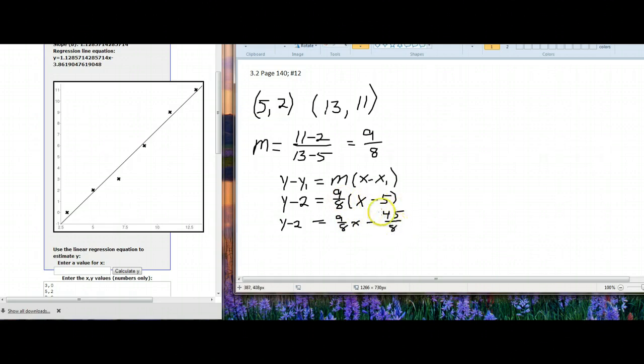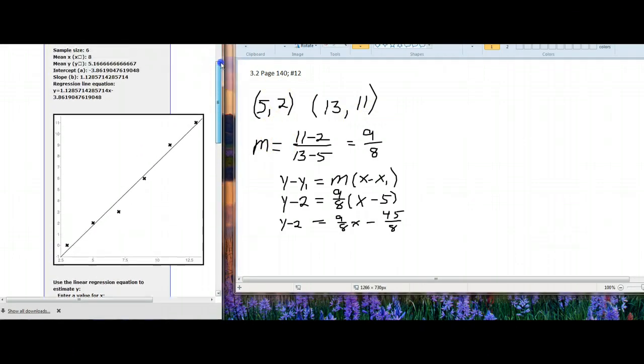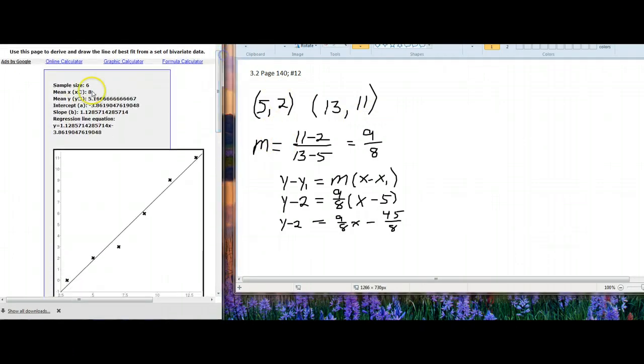45/8. Now, if I were to take those values and change them to decimals, 9/8 is 1.125, which, if you let me scroll this down, you see they have 1.128, so we're really pretty close here.